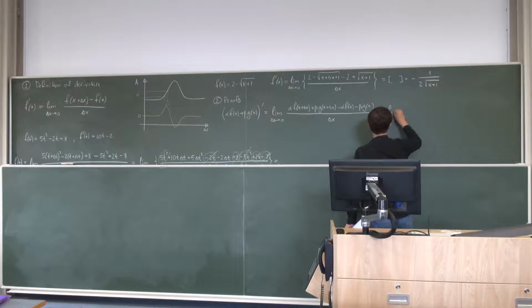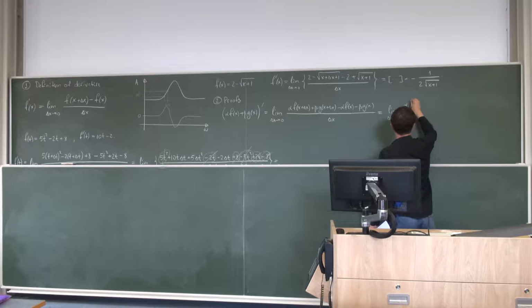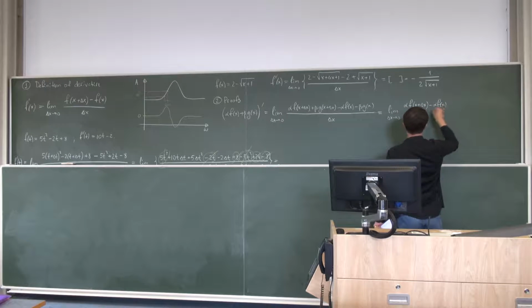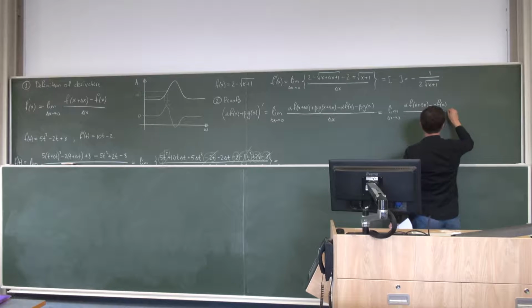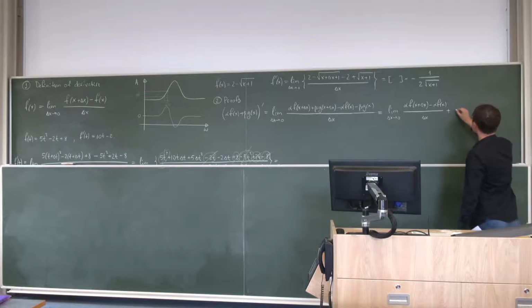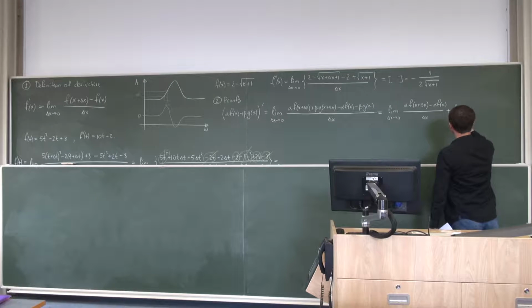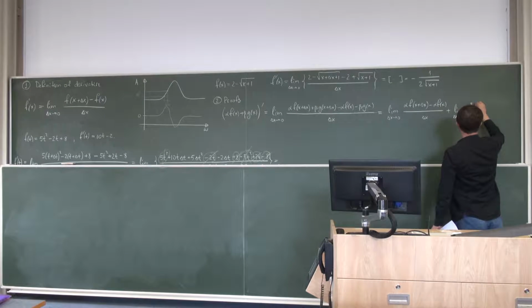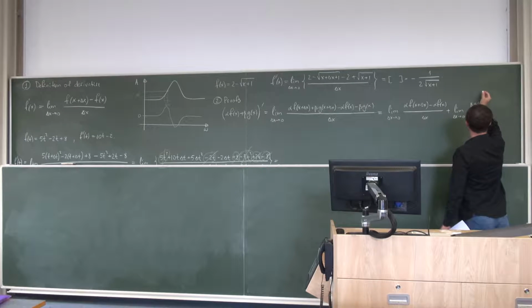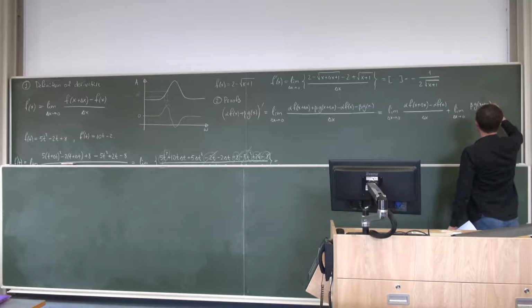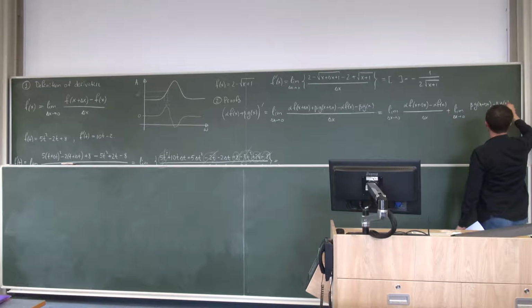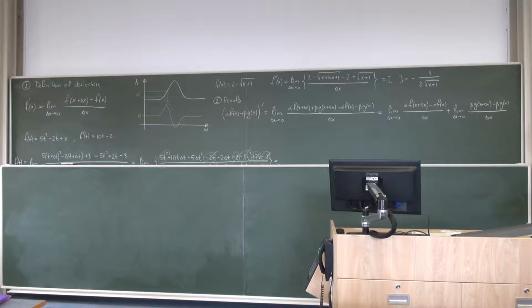So that will be a limit delta x going to 0 of alpha f of x plus delta x minus alpha f of x divided by delta x, plus an identical limit for g: limit delta x to 0, beta g of x plus delta x minus beta g of x divided by delta x. And this is permissible under our assumption that the individual limits exist.